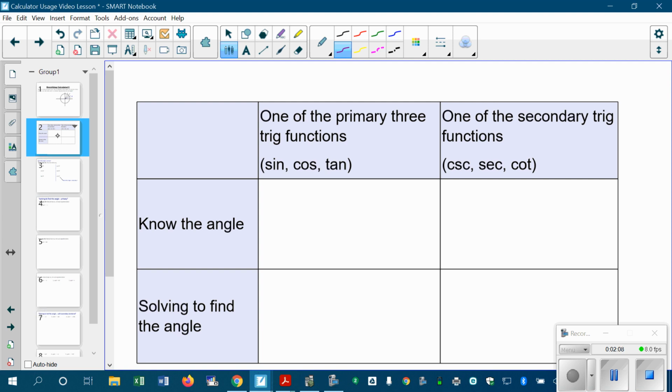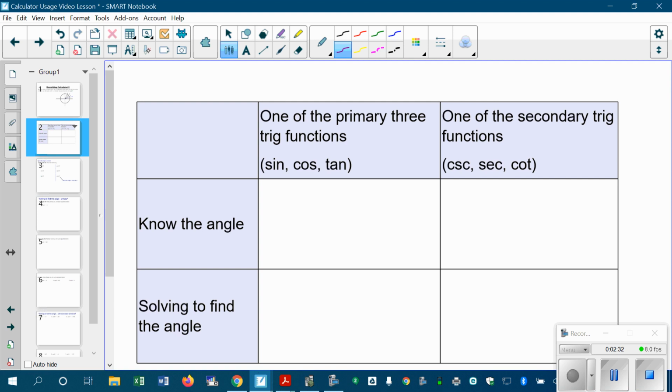And then we're also going to ask ourselves, is this one of the 3 primary trig functions, like the ones that have buttons on my calculator, or is this like the ones that don't have buttons on my calculator? Okay, so those are the 2 questions that are represented. First over here, know the angle, solving for the angle, and then over here, main guy, not so main guy. All right, so that's the idea.